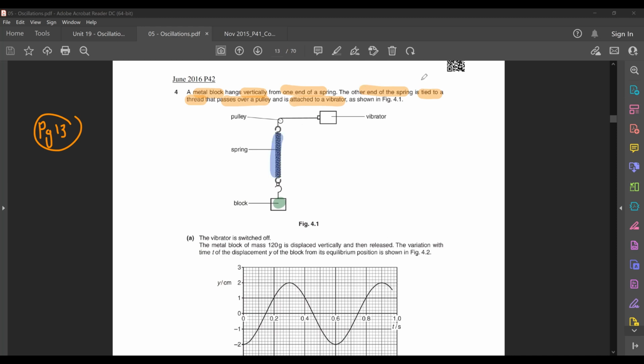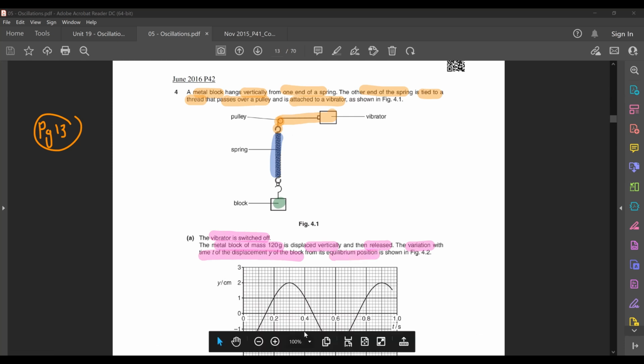One end of your spring is tied to a thread passing over a pulley that is attached to a vibrator. So here they mention this, your vibrator is switched off. The metal block of 120 gram is displaced vertically and then released. The variation with time t of the displacement y of the block from equilibrium position is as shown here.